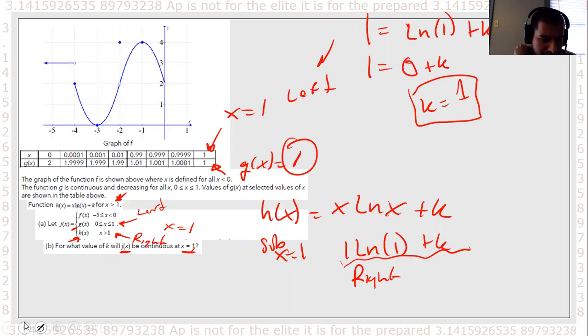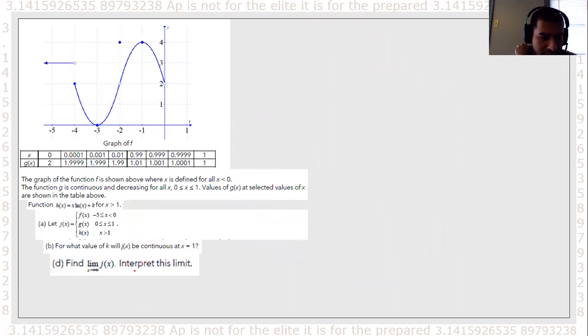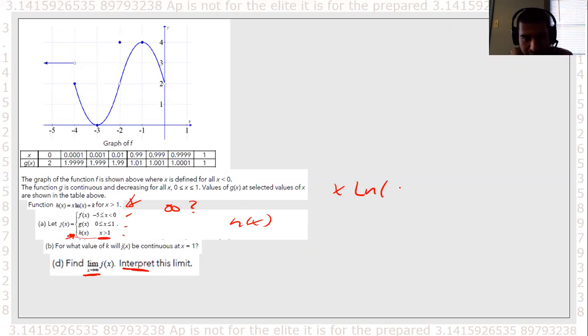And the last piece for this, it says interpret this limit. So as x goes to infinity, we check which one is talking about x going to infinity from these three piecewise functions. Well, when x is greater than 1, I look at this function, h of x. So h of x, when it's greater than 1, is x ln of x plus k.